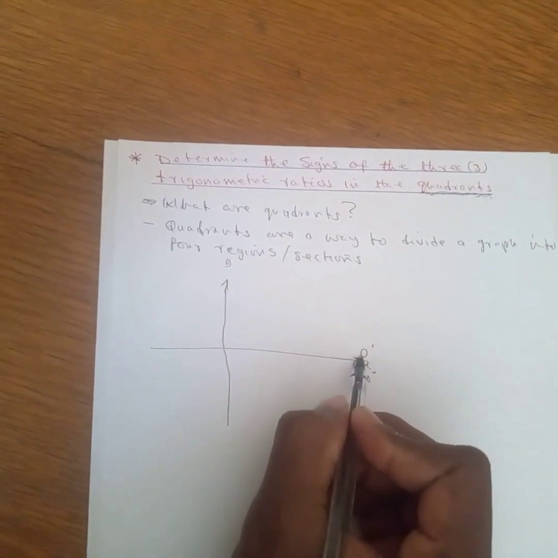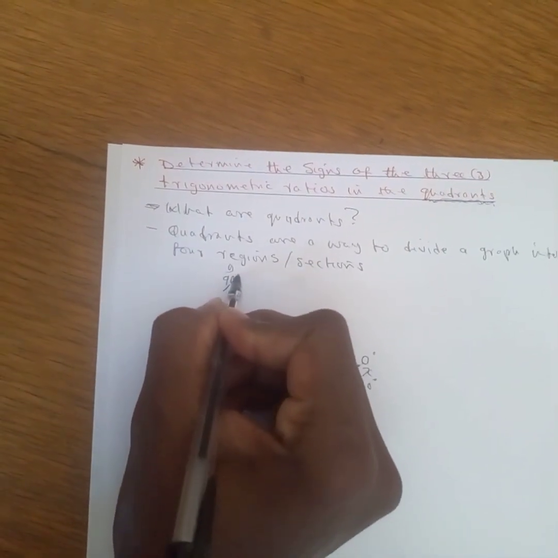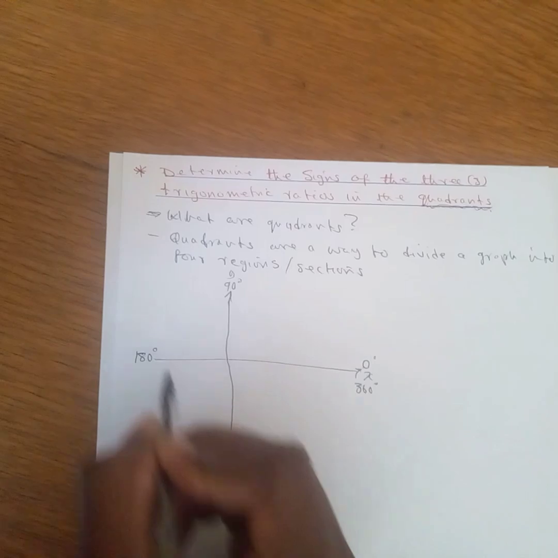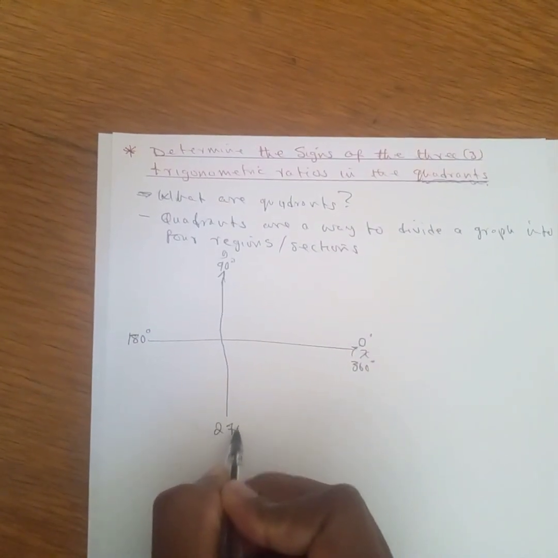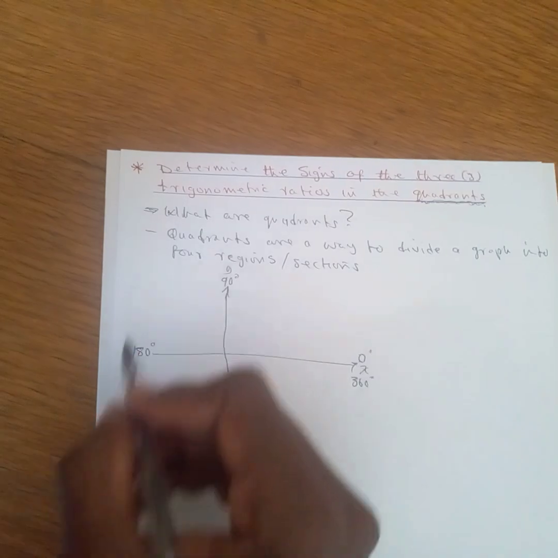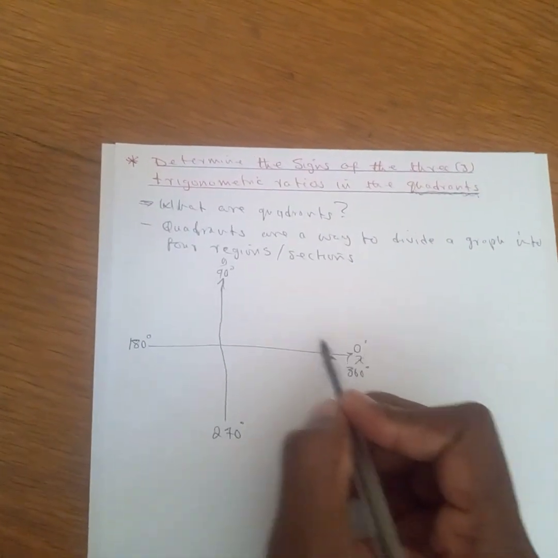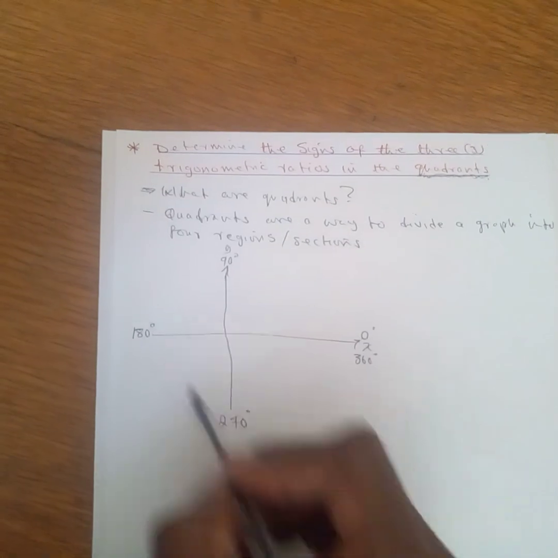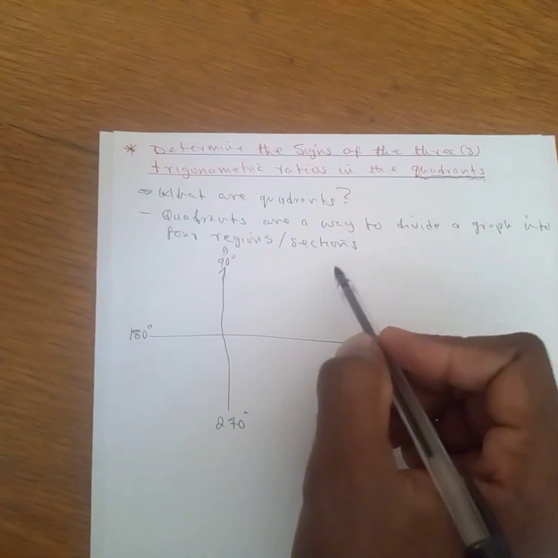When we move from 0, we go to 90 degrees there. From 90, we have 180 degrees, and then we have 270 degrees to 360 degrees, making a whole revolution of 360 degrees.